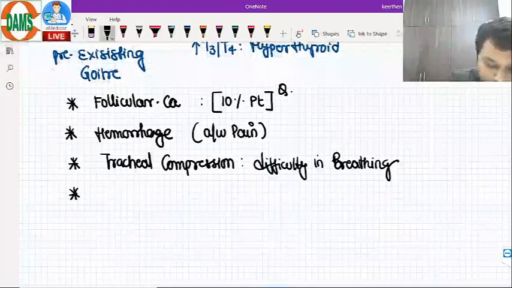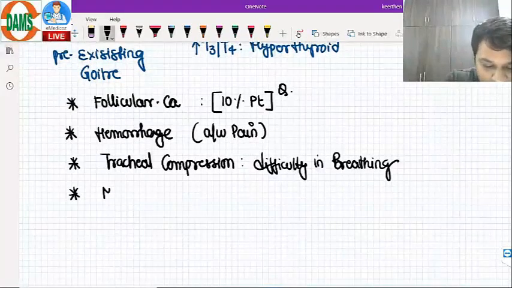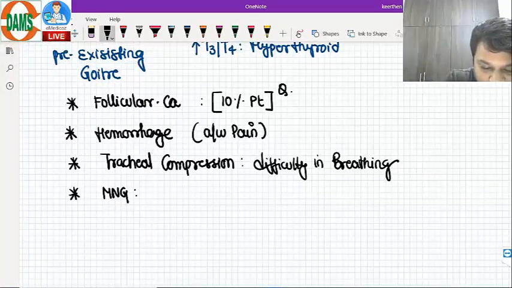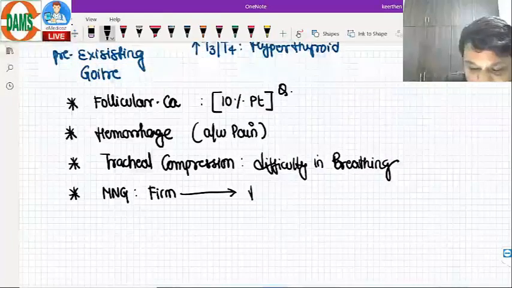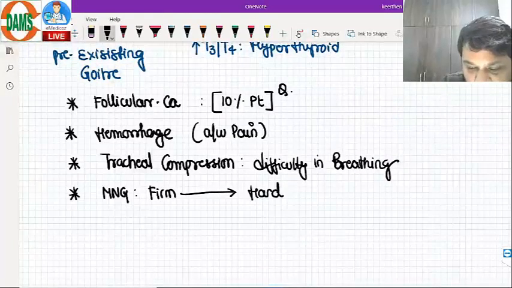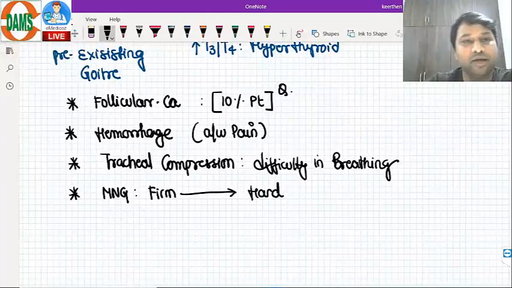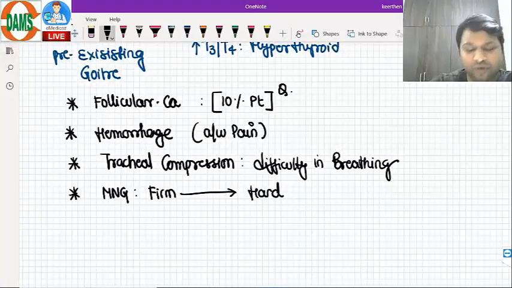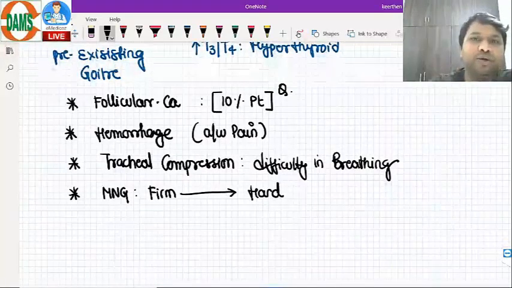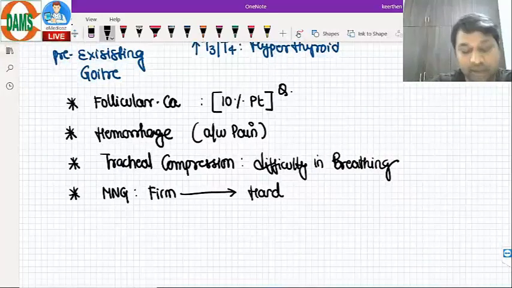Another one: if a multinodular goiter which was initially firm to feel has converted into hard in texture. Let's say you had a patient with a multinodular goiter who has been coming for follow-up, and you felt initially the nodule was firm and later on it turned hard.